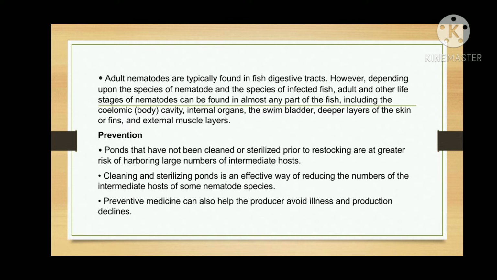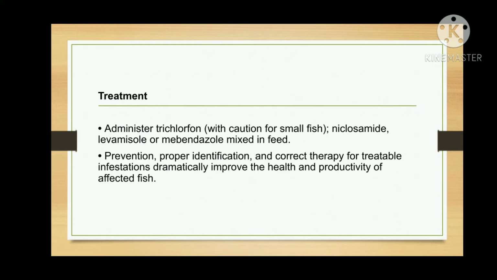Prevention: ponds that have not been cleaned or sterilized prior to restocking are at greater risk of harboring large numbers of intermediate hosts. Cleaning and sterilizing ponds is an effective way of reducing the numbers of the intermediate hosts of some nematode species. Preventive medicine can also help the producer avoid illness and production decline.